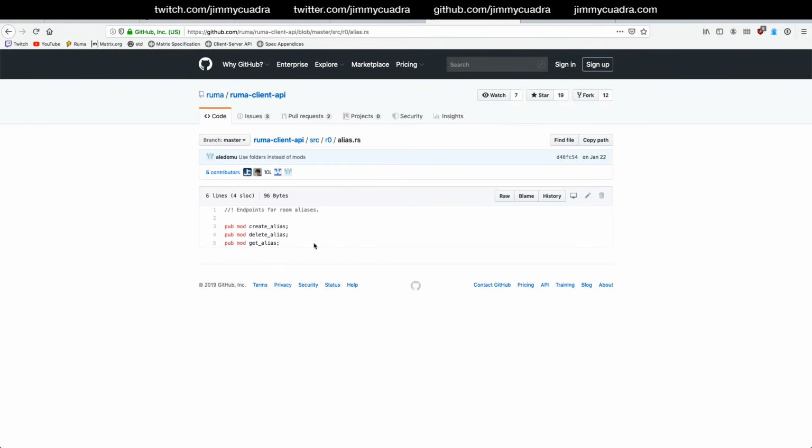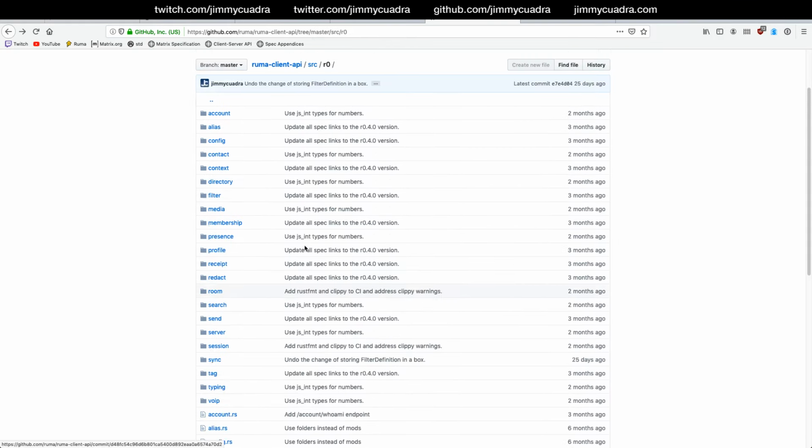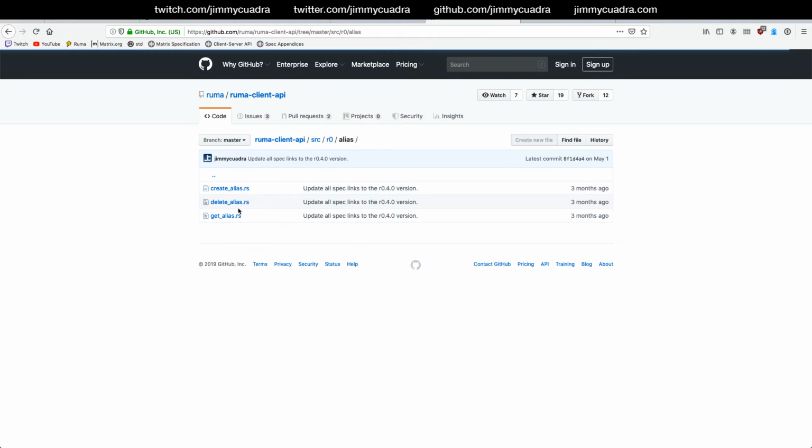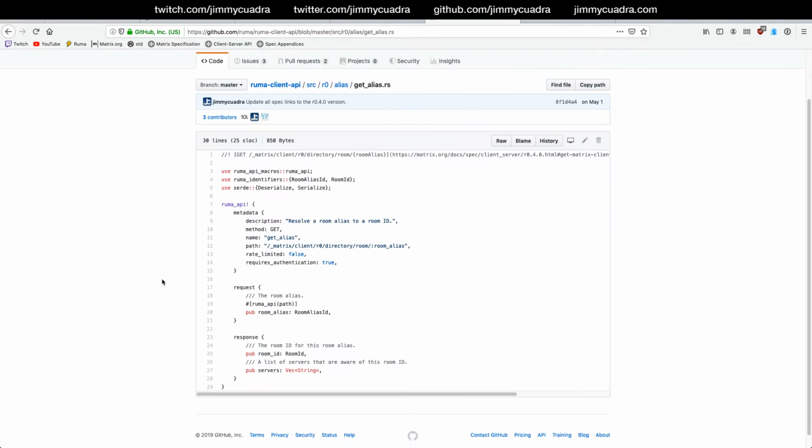So here's an example of the Ruma API macro being used. Ruma Client API is this other intermediate library that essentially uses the Ruma API macros.